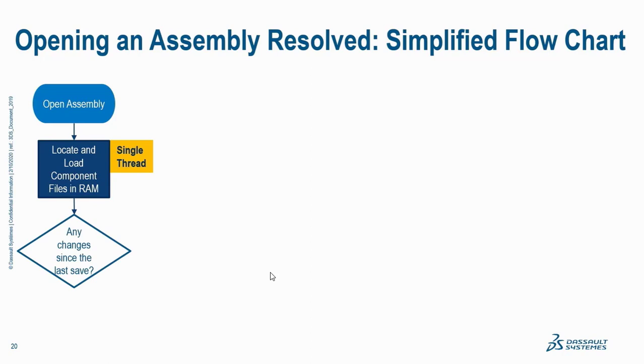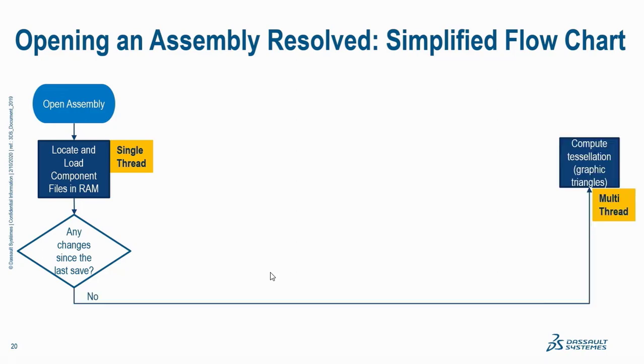Then the processor checks whether there have been any changes since the last step. The CPU, the brain of the computer, tells the software whether any changes happened since the last opening. If there are none, then it will directly go to tessellation.